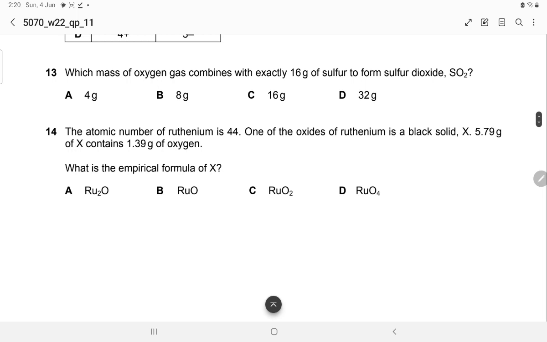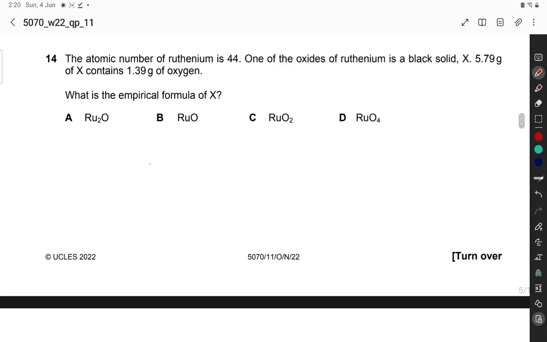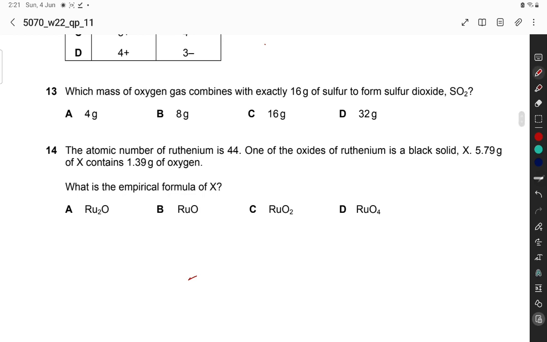Question number 13. Which mass of oxygen gas combines with exactly 16 gram of sulfur to form sulfur dioxide? Sulfur plus oxygen is equal to sulfur dioxide.